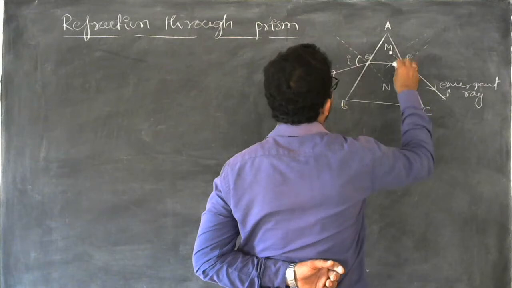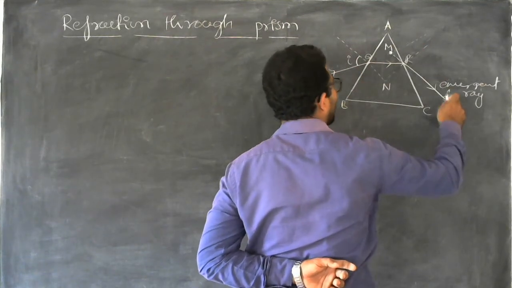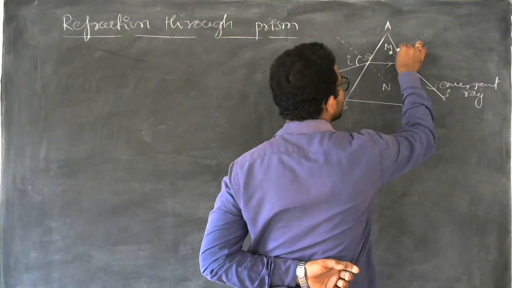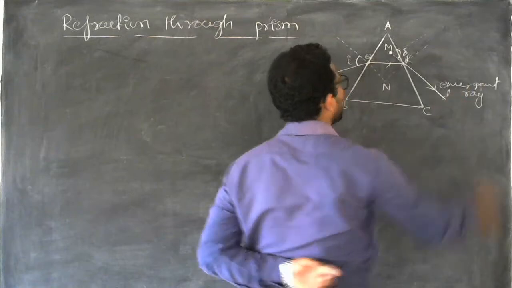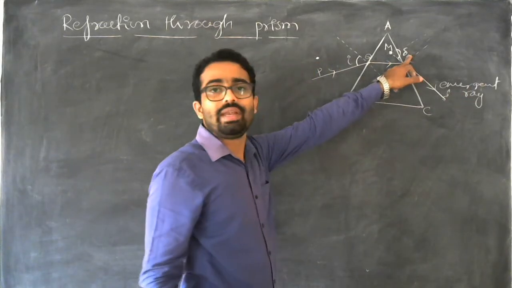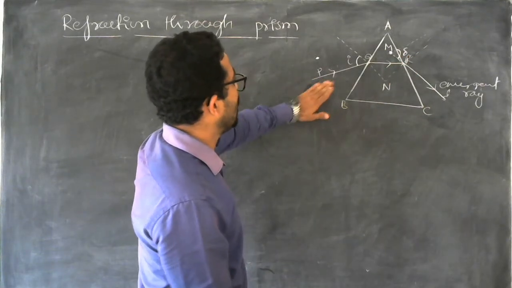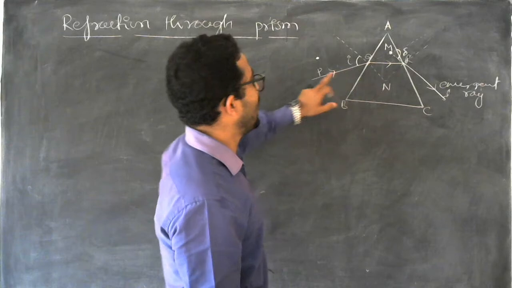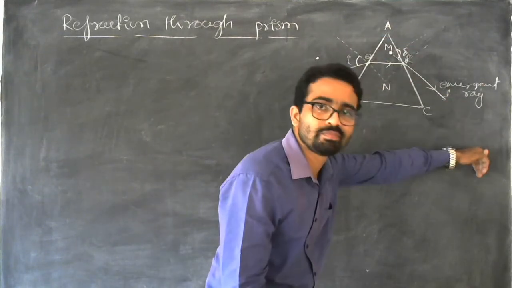So the angle formed between the incident ray direction and the emergent ray direction can be called delta. So this is called the angle of deviation. See here, this is the actual direction of this incident ray, and it is deviating like this.